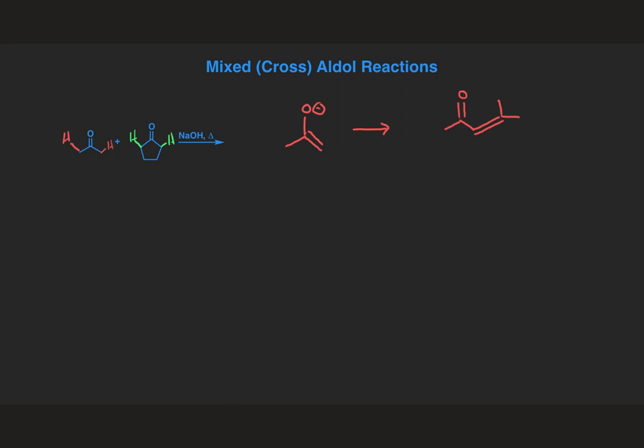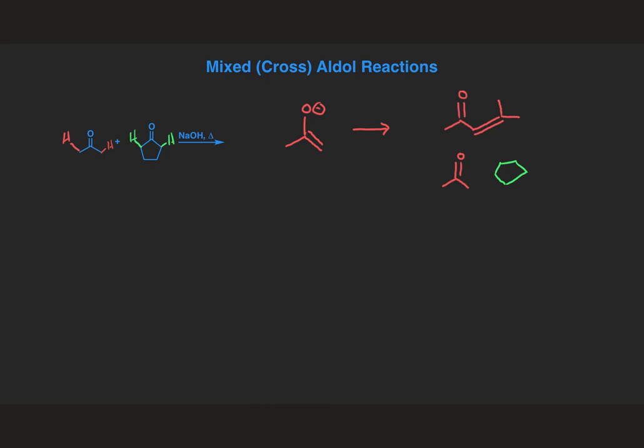What if it reacted with cyclopentanone instead? And so we could form this product. And again, I've redrawn the cyclopentanone, but I've omitted the carbonyl, which would have been on that carbon.